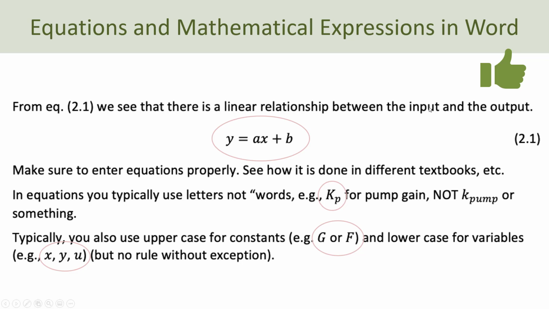And then in the same way as you refer to figures and tables as part of your text, you should also refer to the equations. So from equation 2.1 we see that etc. And also here I have used some mathematical expressions as part of the text, and in this case I have used the formula editor.